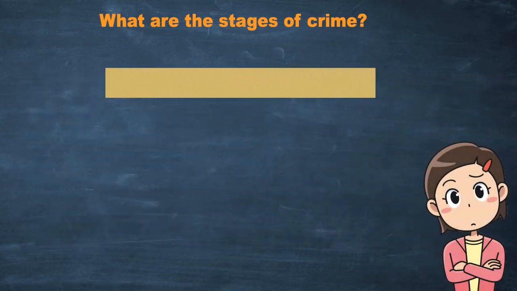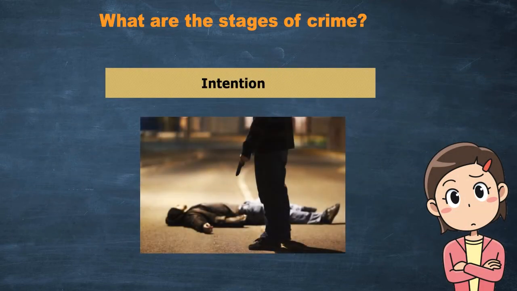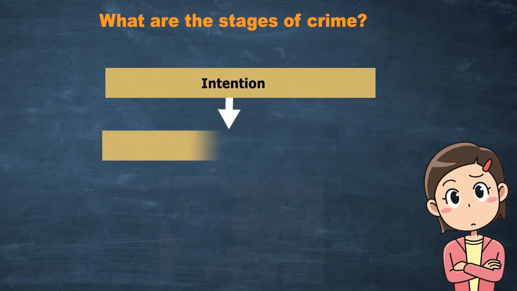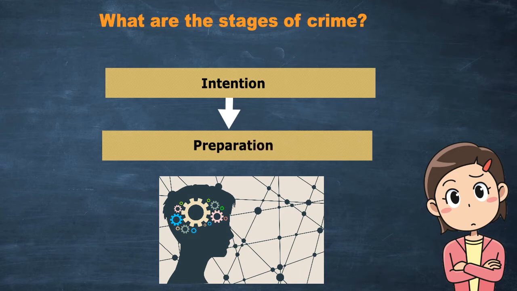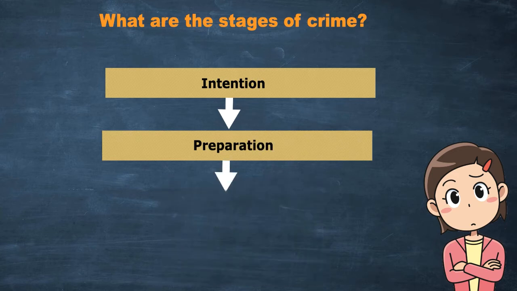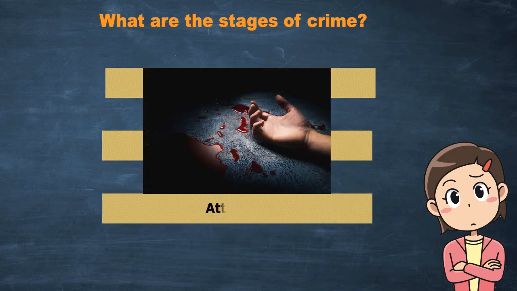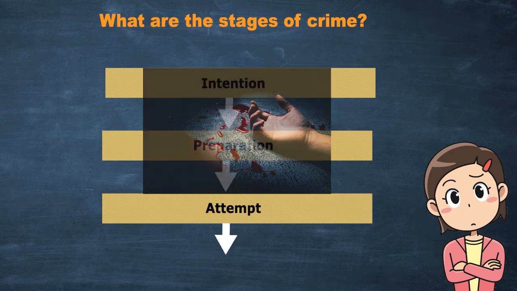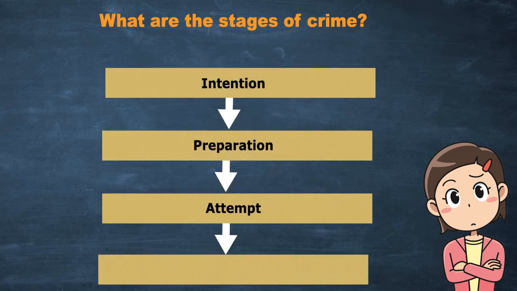The first one is intention, essentially required. The second one is preparation. The third one is attempt, and the last one is commission. So there are four stages of crime.